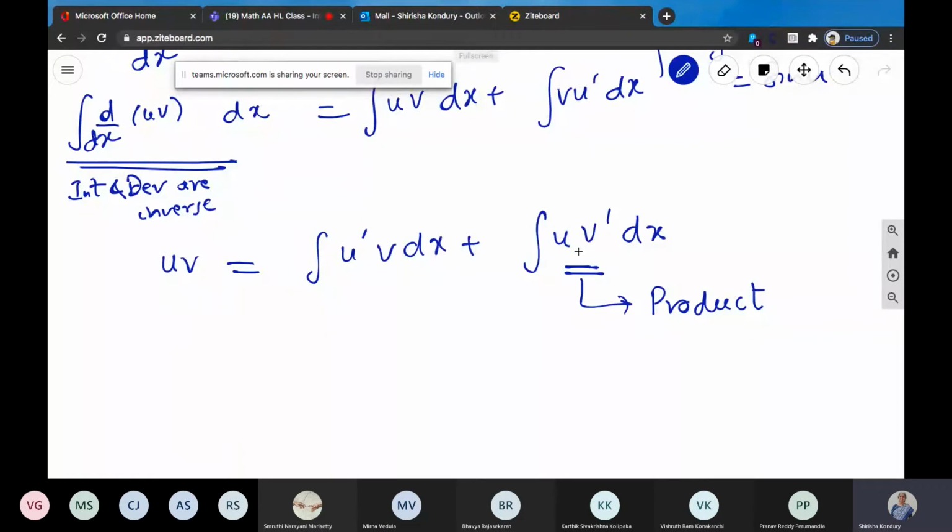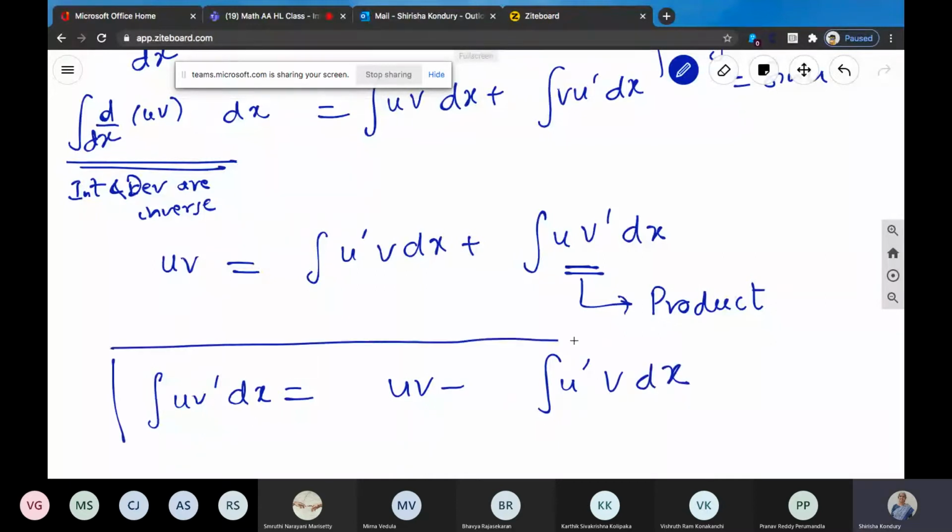If one of the functions is easy to differentiate and another is easy to integrate, say u was easy to differentiate, when I differentiated it becomes something simpler, then I can rearrange this and say: I am not doing anything, I'm just rearranging the terms.